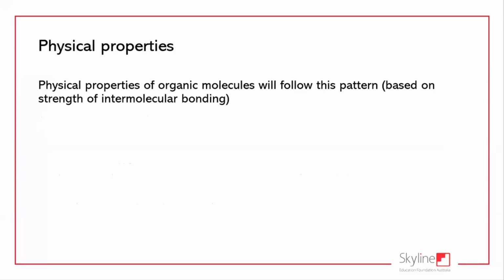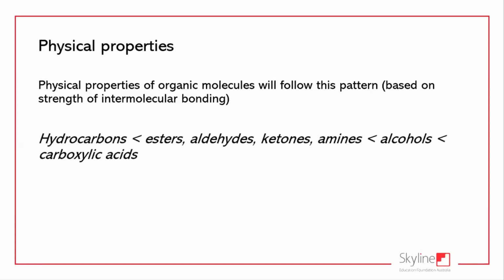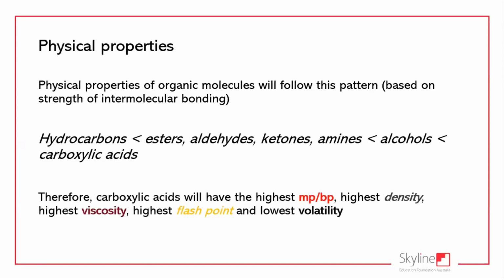Okay, so physical properties of organic molecules will follow a pattern based on strength of molecular bonding. So hydrocarbons are the weakest. They have no oxygens or nitrogens or anything. Esters, aldehydes, ketones, and amines usually have an oxygen involved with them or a nitrogen. They're all roughly similar. It's going to be very hard to differentiate between the boiling points or the physical properties of an aldehyde or a ketone, but they're much weaker than 2 alcohols joined together, which are much weaker than 2 carboxylic acids, because alcohols have an OH, which can form a very potent dipole-dipole interaction, and carboxylic acids can form hydrogen bonds.